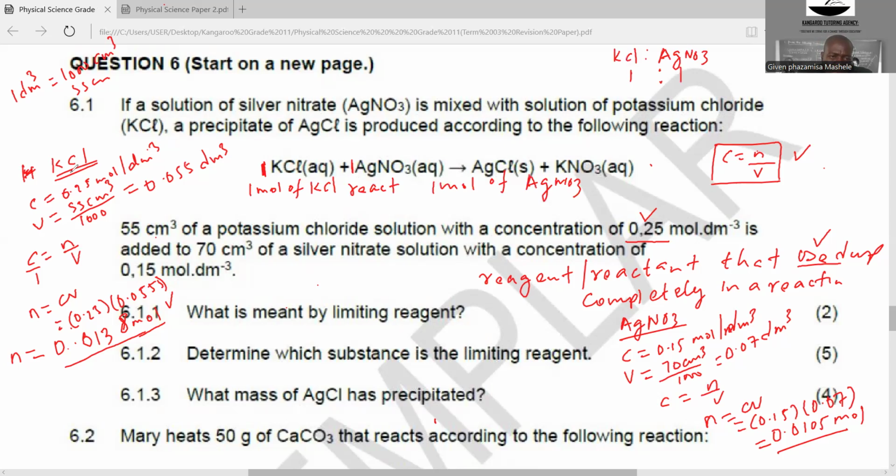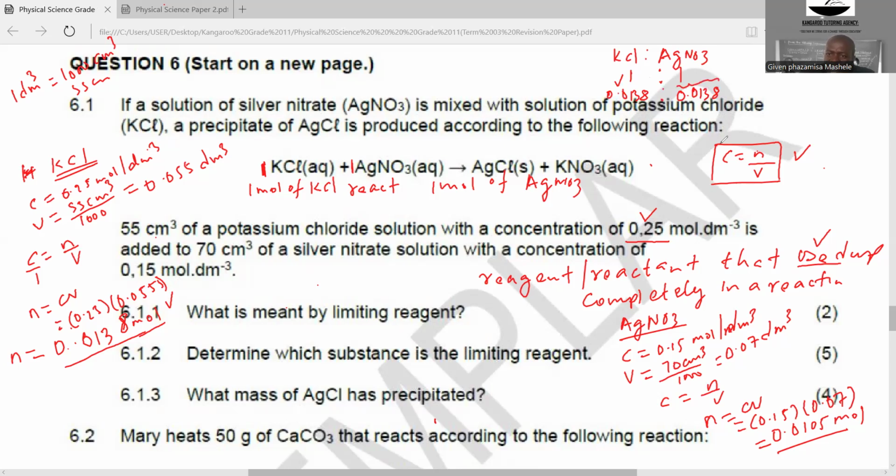Now ask yourself, let's assume potassium chloride uses 0.0138 mole. If potassium chloride uses 0.0138 mole, it means silver nitrate will also require 0.0138 mole. But now look at this.